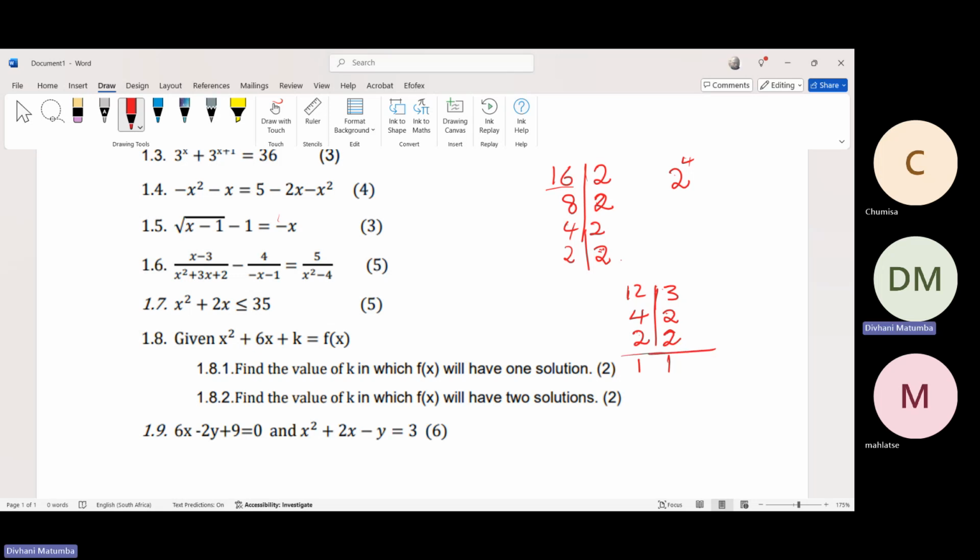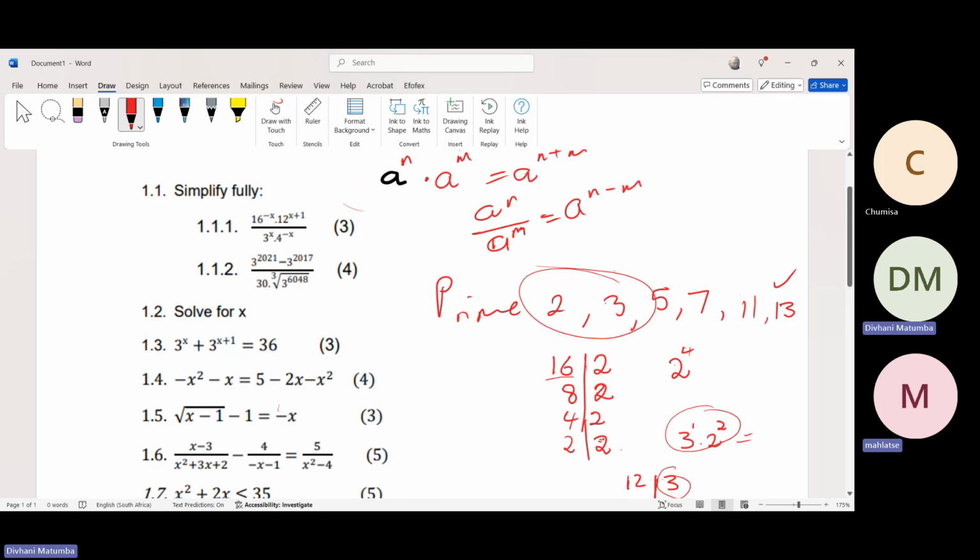So how many 3s are we going to have? We're going to have 3 to the power of 1 times 2 to the power of, how many 2s do we have, Mahlatsi? 2. This is equal to 12.